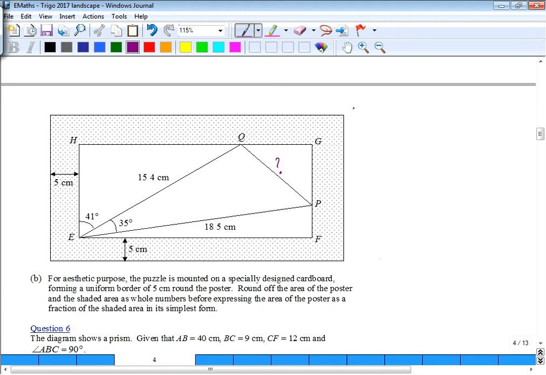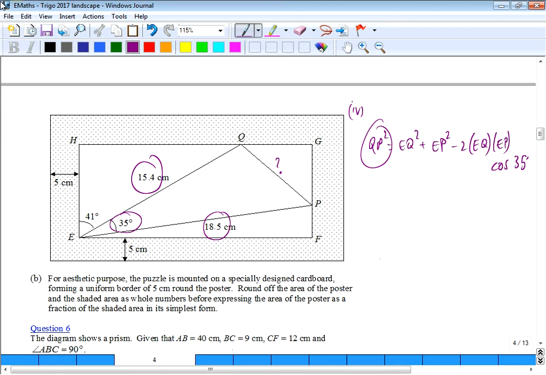Alright. Using our cosine rule. Why do we use the cosine rule? Because you have a side, you have another side, you have the angle in between. Okay, so QP square equals to EQ square plus EP square minus 2 EQ EP cosine 35. Solve for QP.